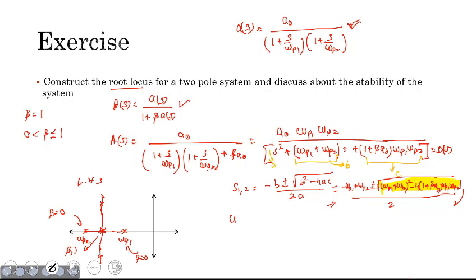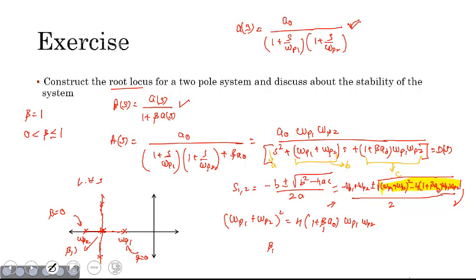And due to which, I'm just going to write this: omega p1 minus omega p2 squared is supposed to be equal to, I'm just shifting the terms, the factor that we had on the other end of our expression, and we have a value of beta equal to beta 1.